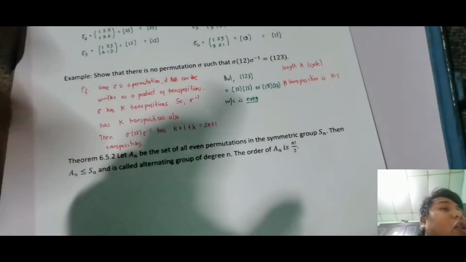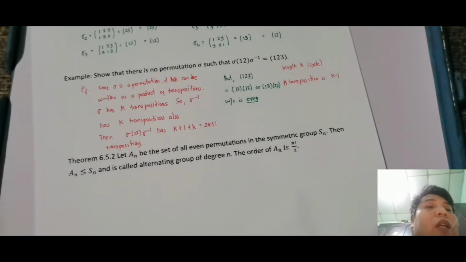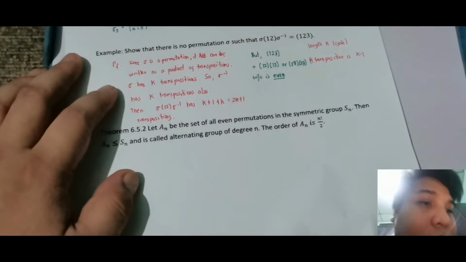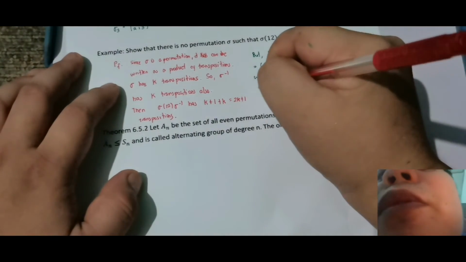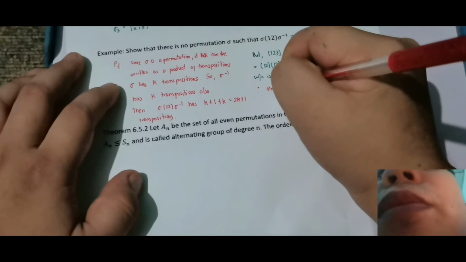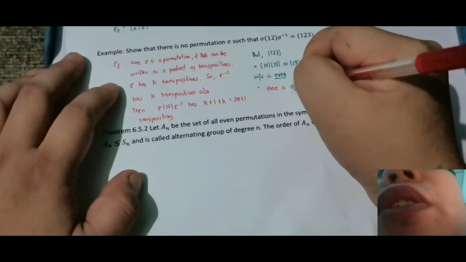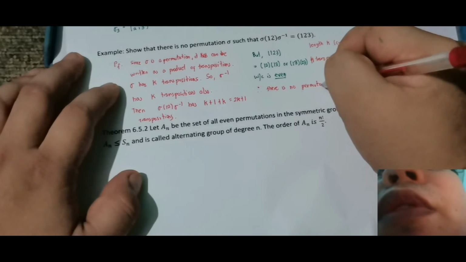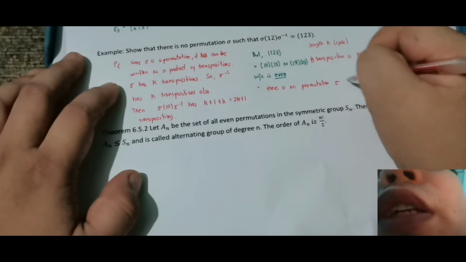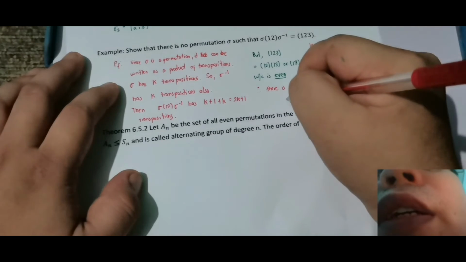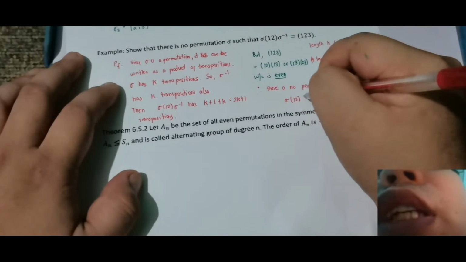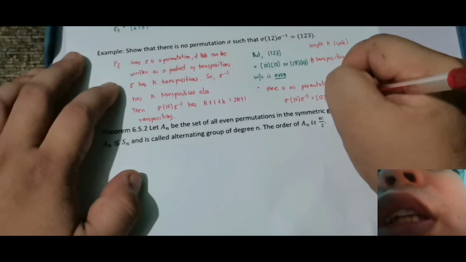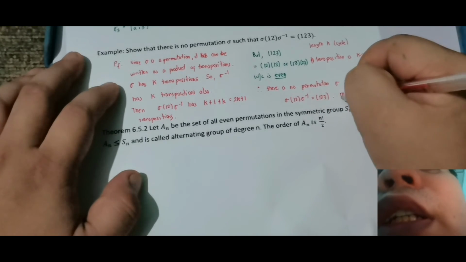Again 2k plus 1 is always odd for every value of k. Tapos even tong kabila. So therefore, there is no permutation sigma such that sigma (1 2) sigma inverse is equal to (1 2 3). Okay, so therefore this is done.